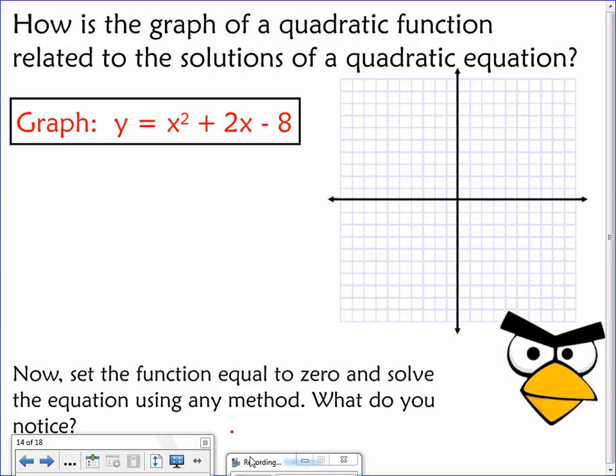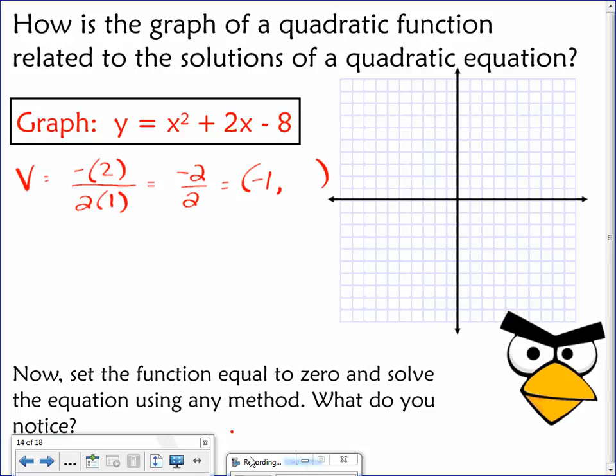Okay, so let's go ahead and graph this one. Let's find your vertex. You can use a V if you want to label your work. My vertex, we're going to go -b over 2 times a. So -2 over 2. So we should get -1. Right now what I'm doing is no different than the last problems we just looked at.